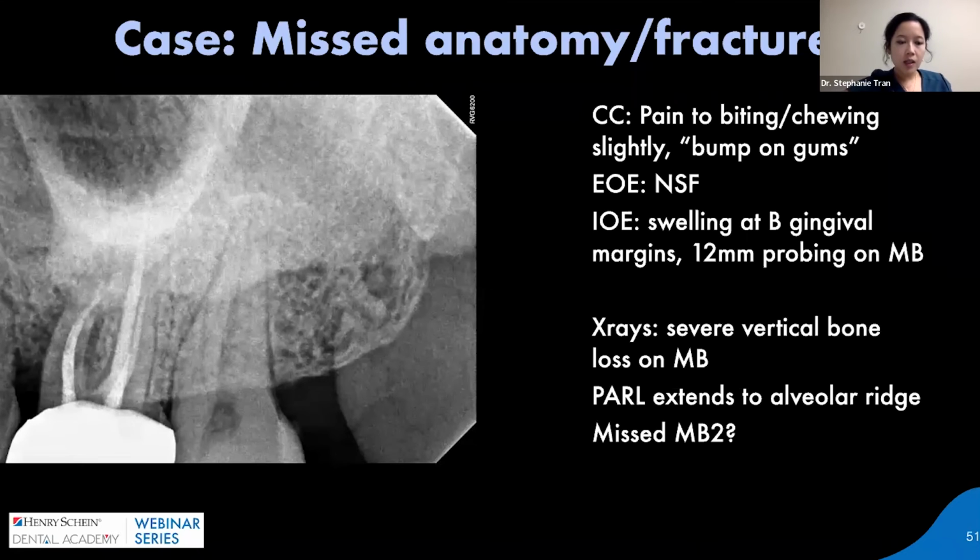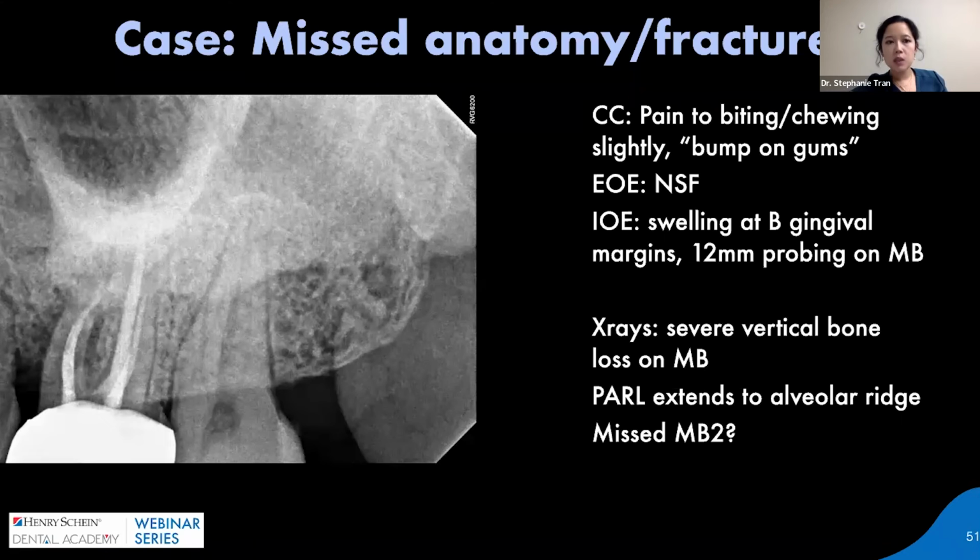Another situation where we would want to be looking at a CBCT to evaluate the anatomy is if there might be missed anatomy for an existing root canal filling material, as well as why there might be bone loss. So for example, in this particular case, we can see that there's a very widened PDL or vertical bone loss in the 2D radiograph, possibly all the way to the apex, but not really clear.